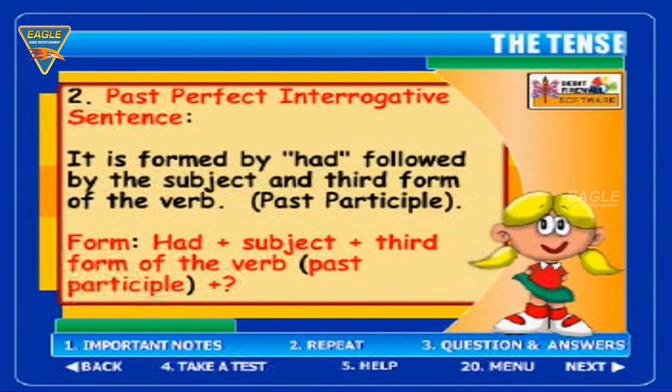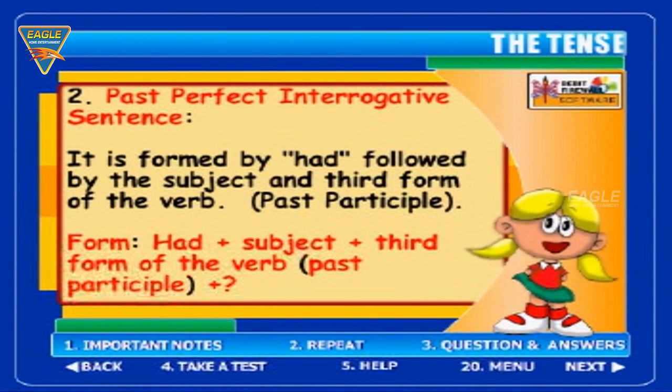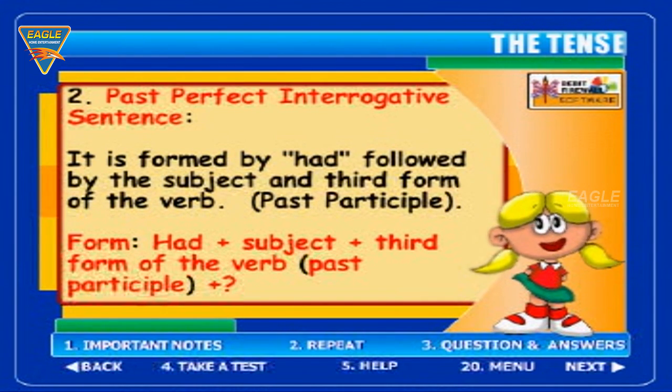Past perfect interrogative sentence. It is formed by had, followed by the subject and third form of the verb, that is the past participle. Form: had plus subject plus third form of the verb.